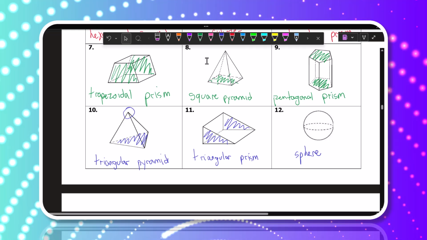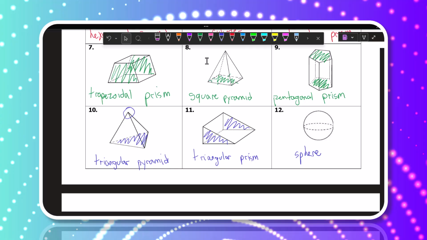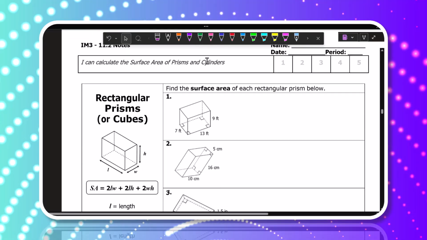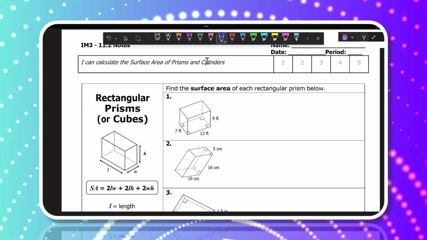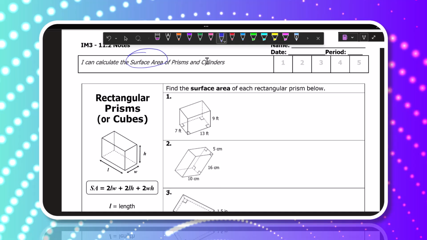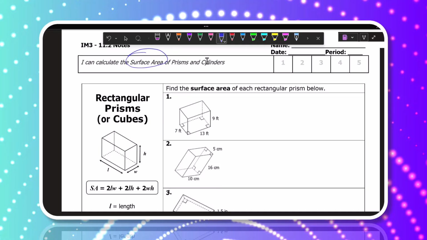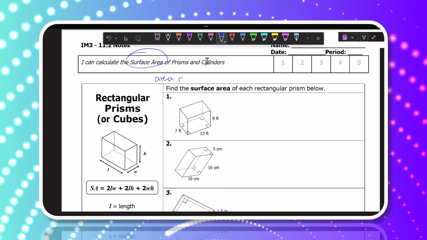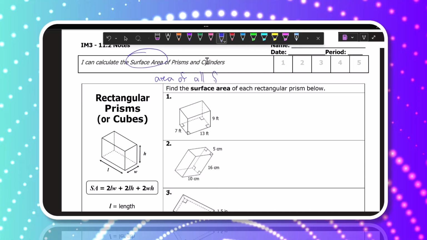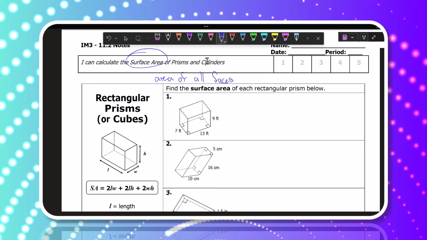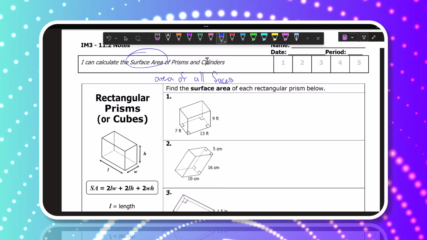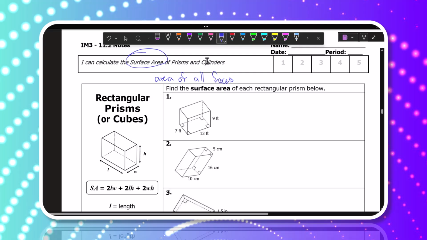Now, we're going to find surface area. So, surface area is the area of all the faces. So if we were to paint these figures, this is the area we need.